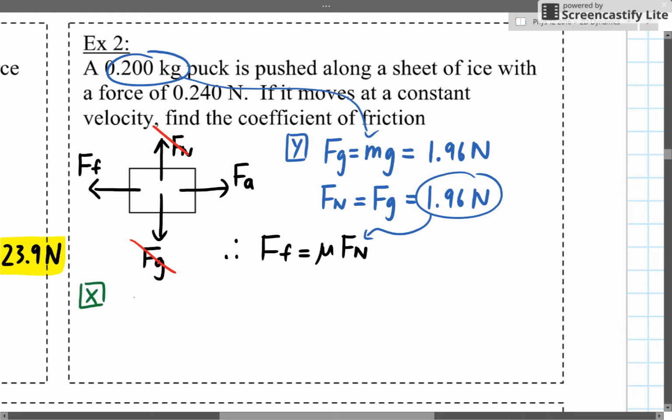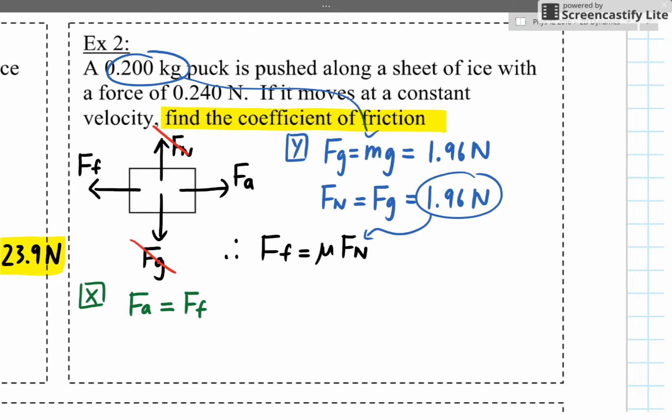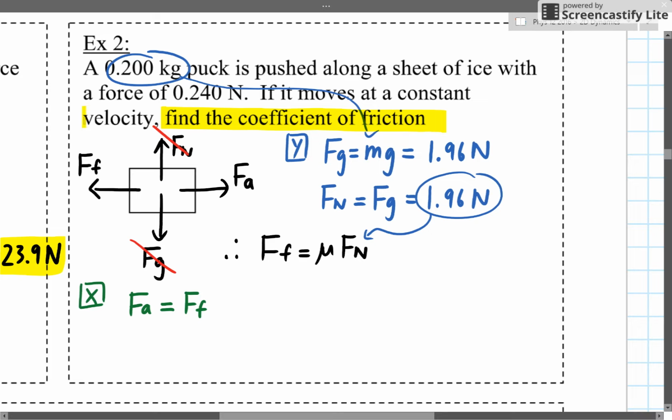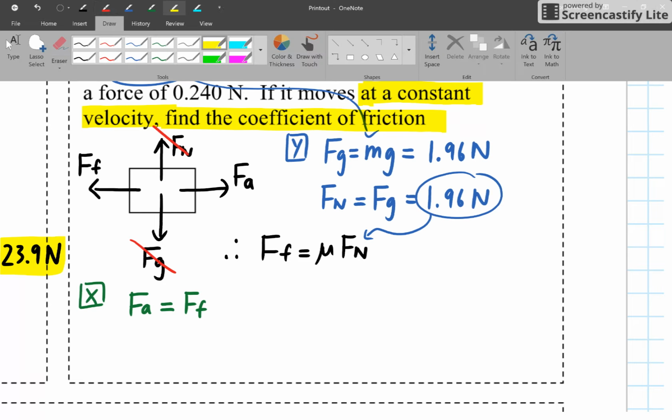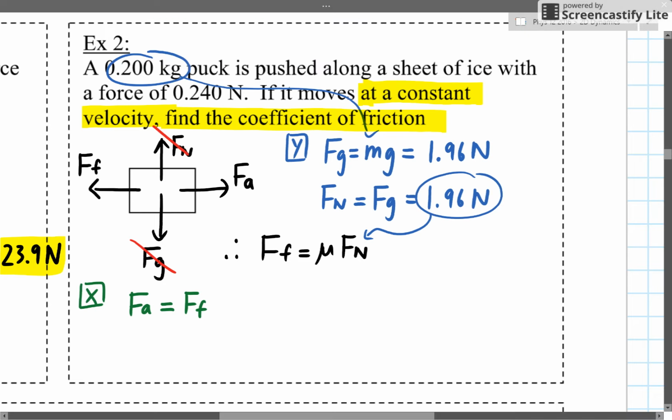Looking at the x direction, I can say that my applied force is, in this case, equal to my friction. And the reason why is because of that very last sentence in this question. The coefficient of friction must be something that we can find knowing that we have constant velocity. Now, constant velocity means you don't have acceleration. If you don't have acceleration, that means all the forces cancel out.